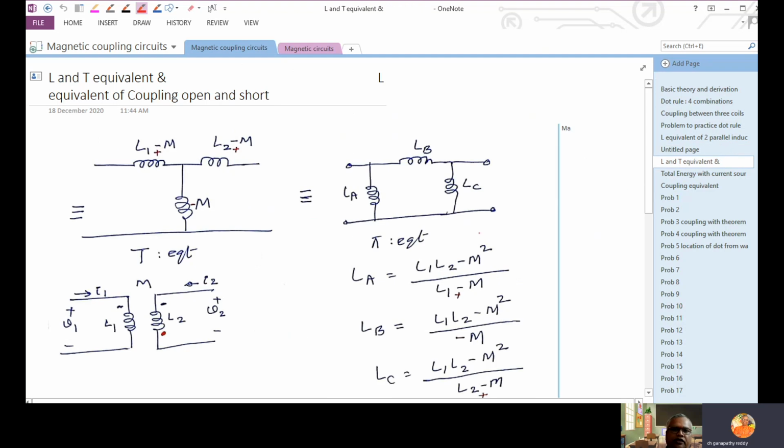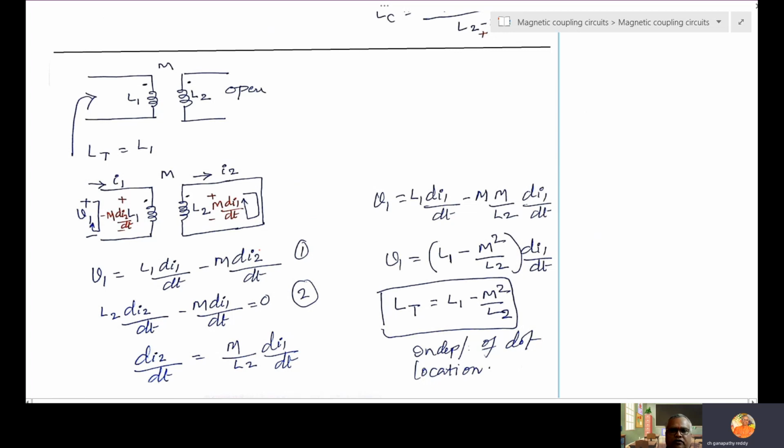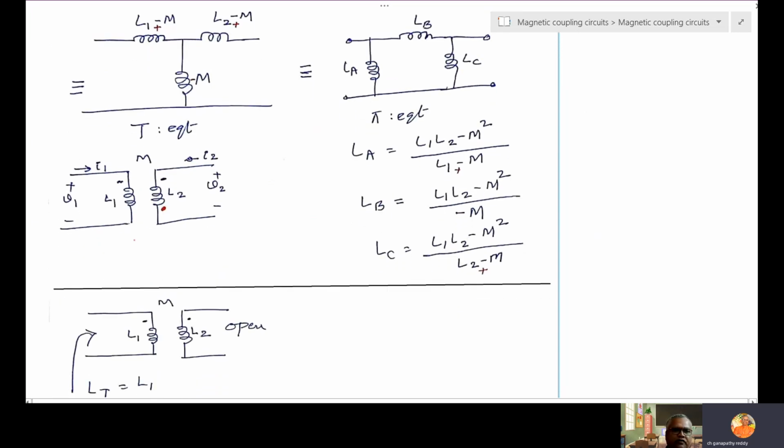Next, L and T equivalent, some more equivalents. So first one is the T equivalent, second one is pi equivalent. This is the basic magnetic coupling circuit, and it can be replaced with either T equivalent or pi equivalent.